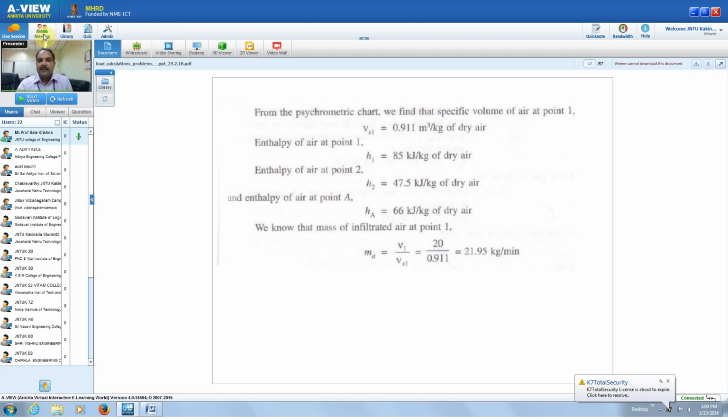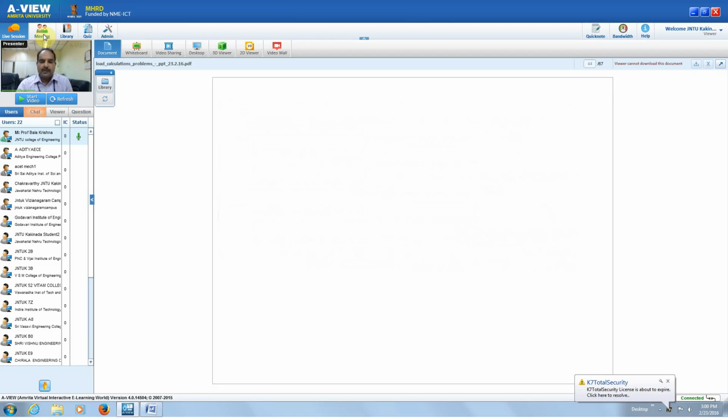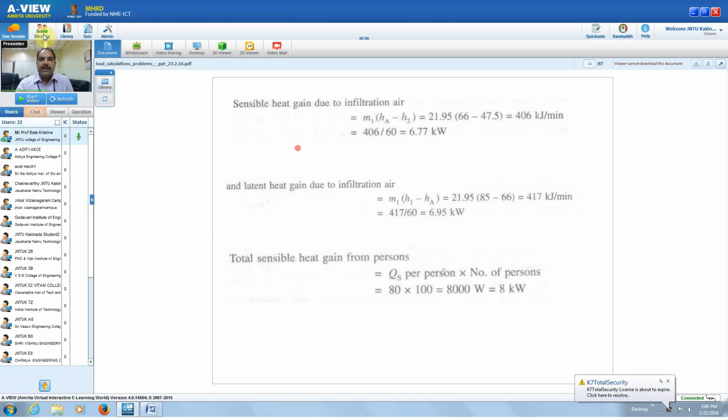Then the sensible heat gain due to infiltration is M1 into the difference of enthalpy at point A and enthalpy at point 2. Then we can calculate 6.77 kilowatts.